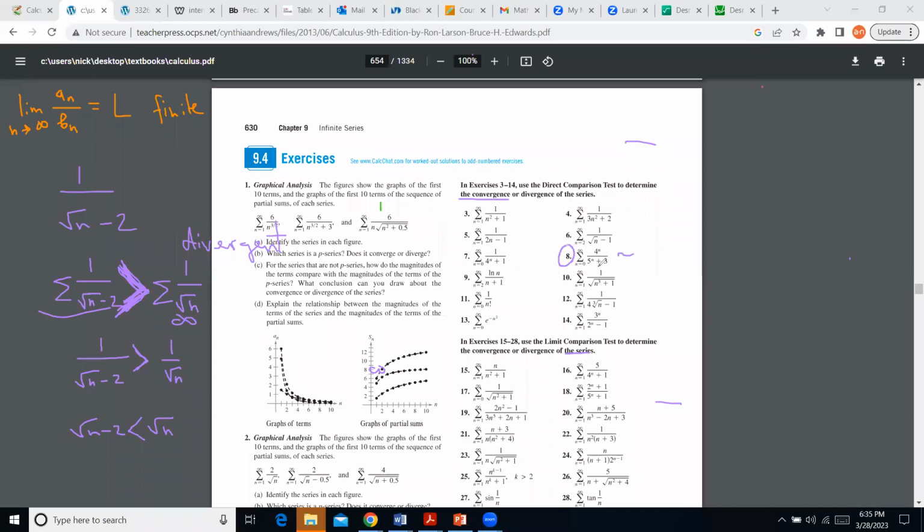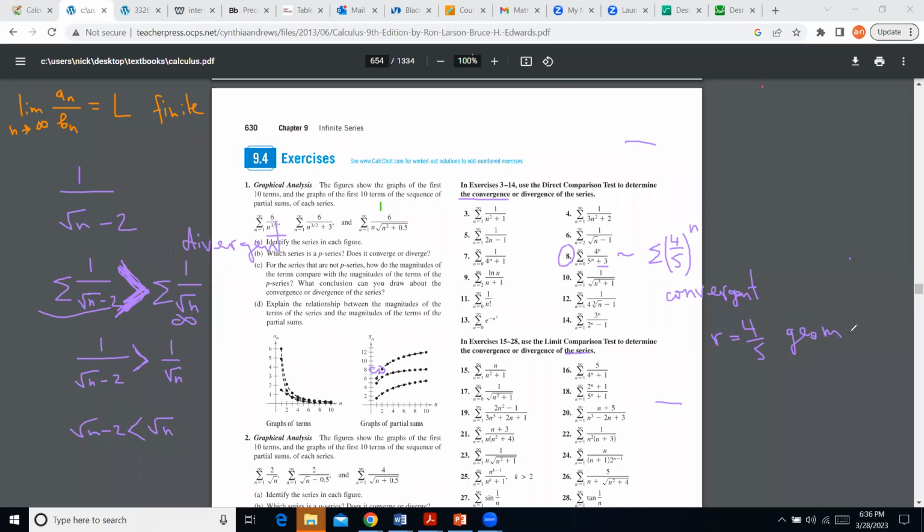then right away I ignore that 3 on the bottom. So I have a series that looks like 4/5 raised to the power of n. And this is a convergent series. Why? Because it's geometric. Because the ratio 4/5 is less than 1, geometric.